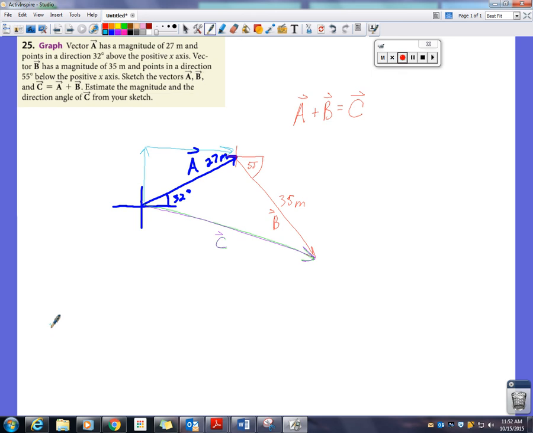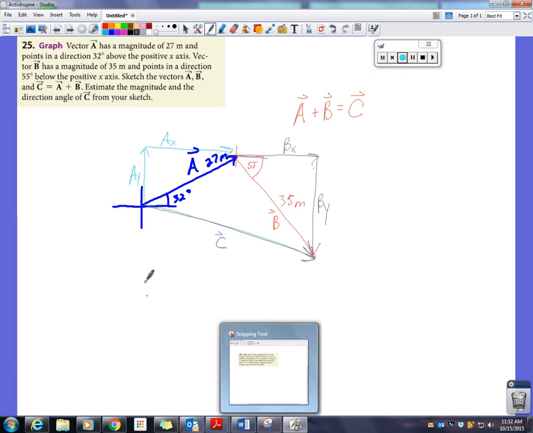I didn't draw it very well, but you get the idea. Then for B, its components, we'll call those BX and BY.